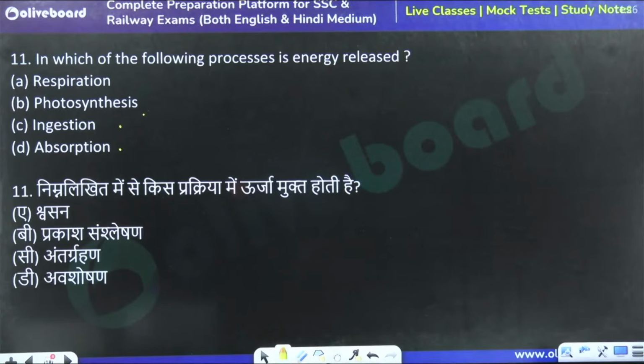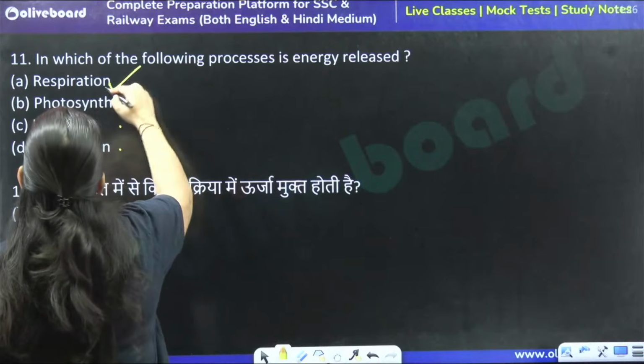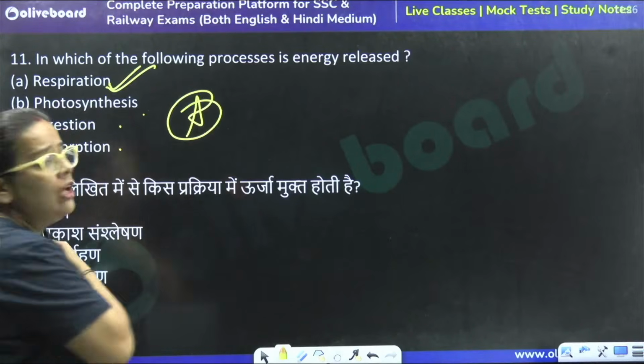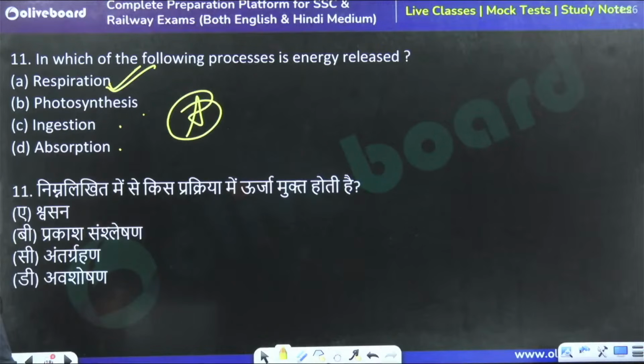Anyone? Okay, the correct answer is respiration. Basically respiration, because in respiration glucose is oxidized in the cell to produce ATP.